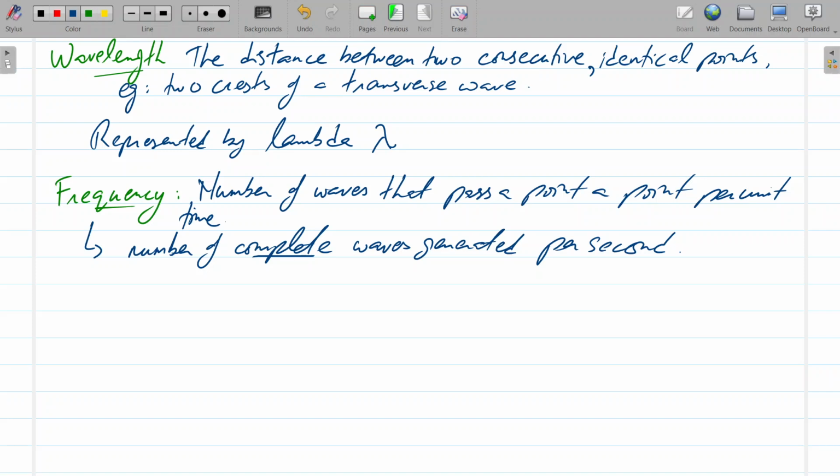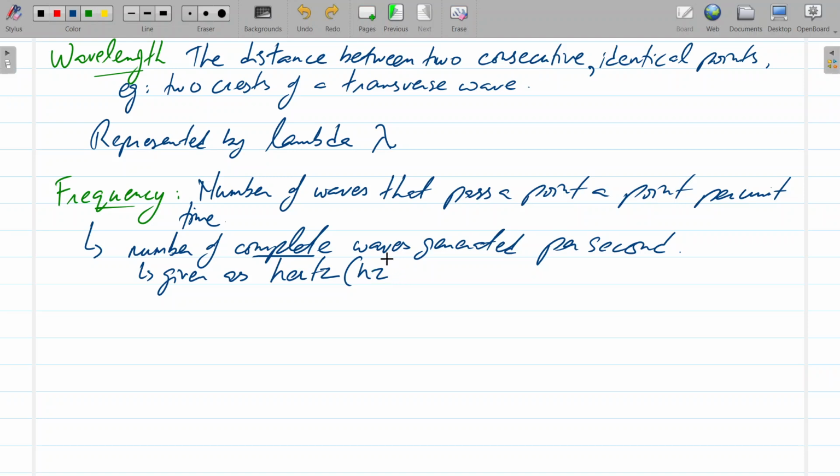So that's what the frequency is. And it is given as hertz, or Hz.